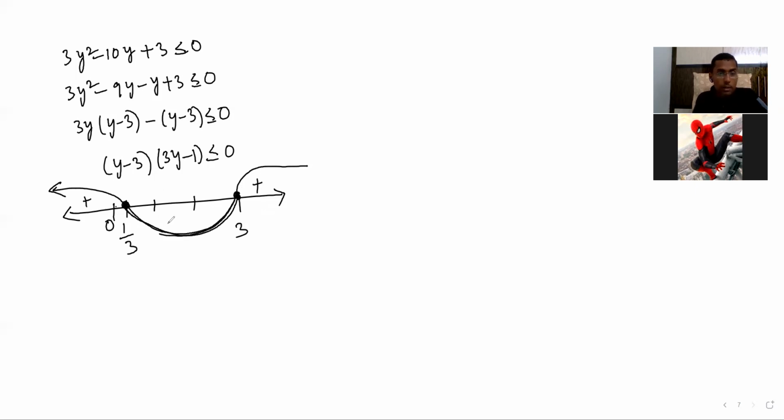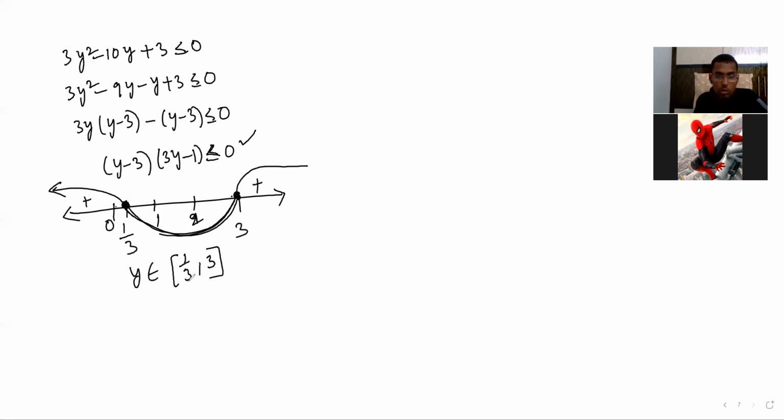If you want, you can substitute 1 and check whether it is satisfying or not. If you substitute 1, is it negative, less than 0 or not? It's less than 0. If you substitute 1 and 2, up to 3. So less than means it lies between the roots. What are the roots now? y belongs to 1 by 3 to 3.